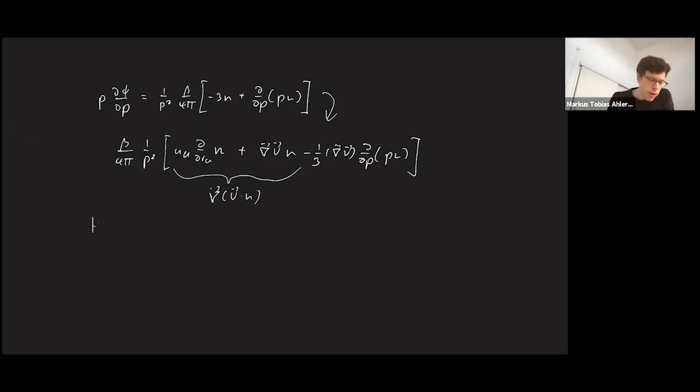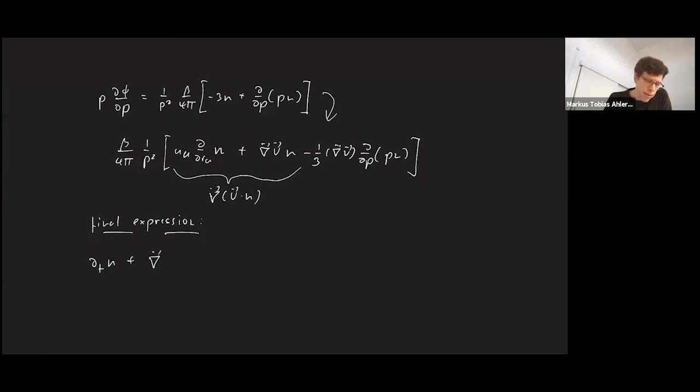So the final expression, which I really only abbreviated here for the interest of time, is going to have the following form. Now I have a differential equation in terms of the spectral density, time derivative with respect to n.